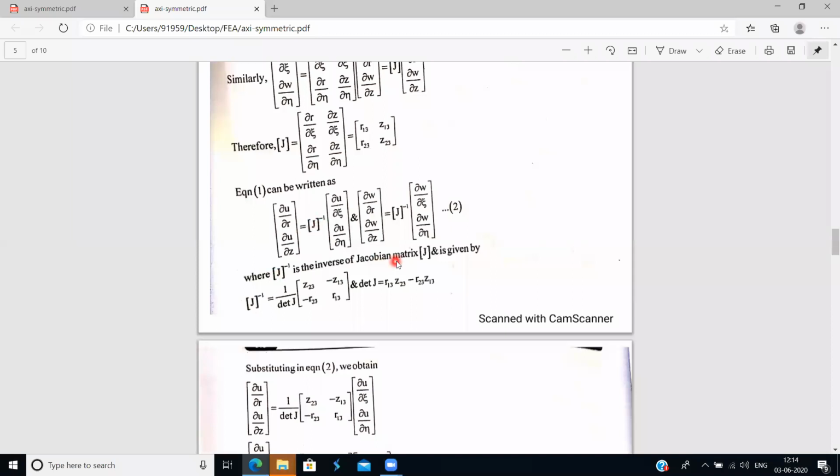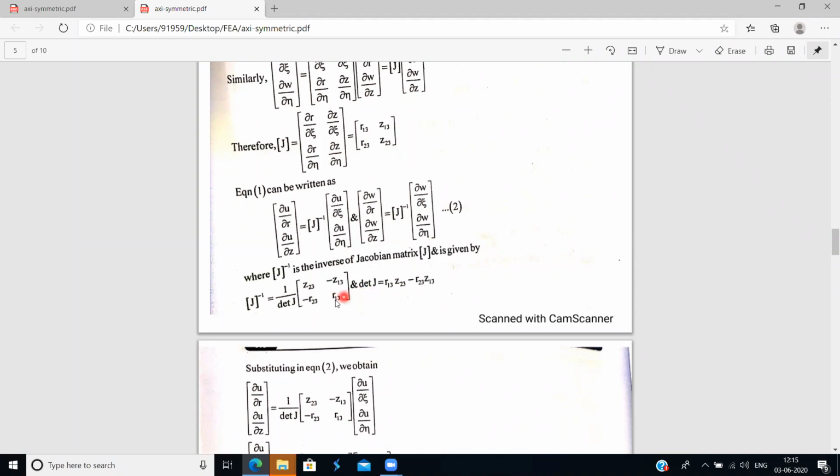The J inverse can be calculated. You know how to calculate the inverse of a matrix. J inverse is equal to 1 divided by the determinant of J, into the matrix where, from R13, Z13, R23, Z23, we interchange the two diagonal elements, so we get Z23, R13, and change the sign of the other two, so minus Z13 and minus R23.